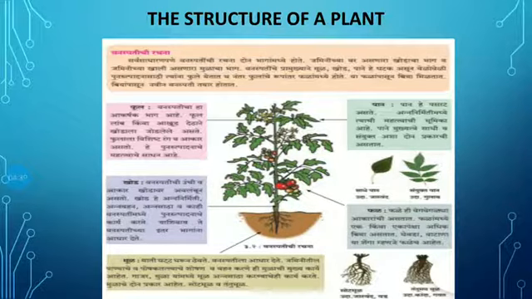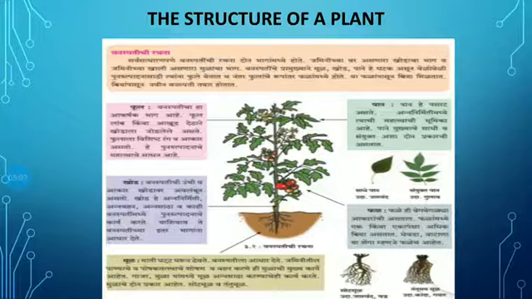In some plants, it has the function of reproduction. It gives support to other parts of the plant. Root gives support to the stem and stem gives support to the other parts of the plant like fruit, branches, leaves, etc. Okay, so this is about the second part of the plant, that is the stem.